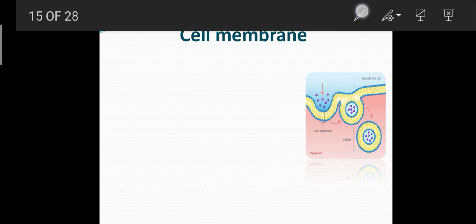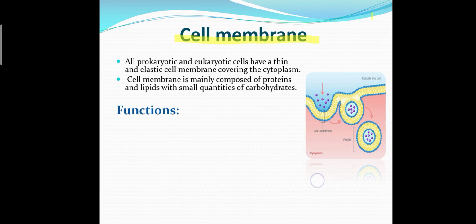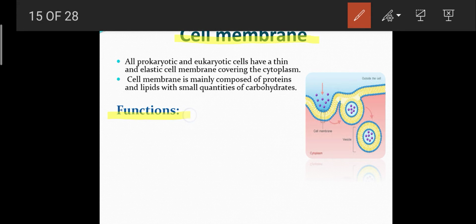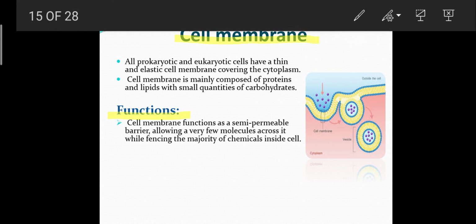Now we will discuss the cell membrane. All prokaryotic and eukaryotic cells have a thin and elastic cell membrane covering the cytoplasm. It is mainly composed of proteins and lipids with small quantities of carbohydrates. Functions of the cell membrane include: the cell membrane functions as a semi-permeable membrane.